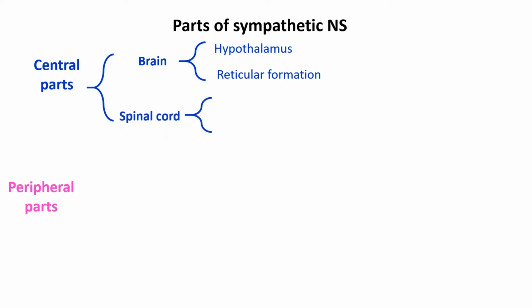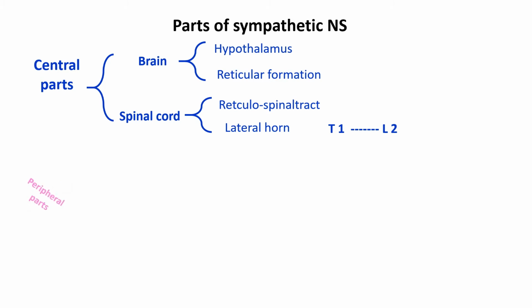Then the spinal cord. Which parts of the spinal cord? First of all, we have the descending reticulospinal tract, which is going to end in the lateral horn of T1 to L2. So these are the central parts.